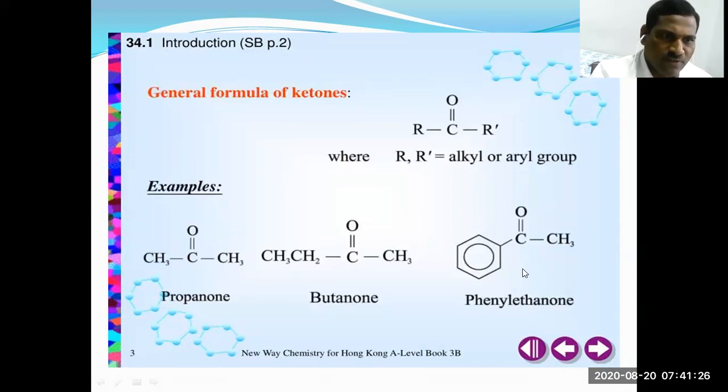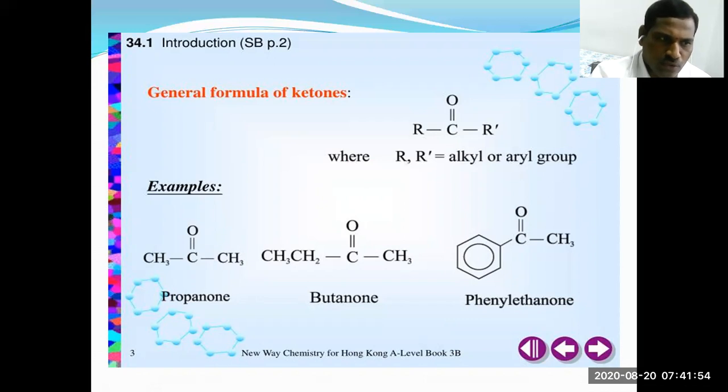So the general formula of a ketone is R-C double bond O-R', where R' may be alkyl groups or aryl groups. So we can take examples for ketones. For R, we can take CH3 groups.